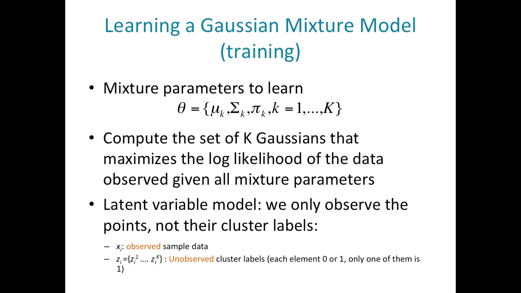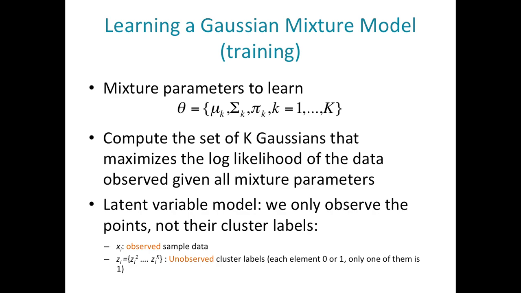Another way of putting it is that we need to compute the set of Gaussians that maximizes the log likelihood of the data that we have observed, given the parameters.